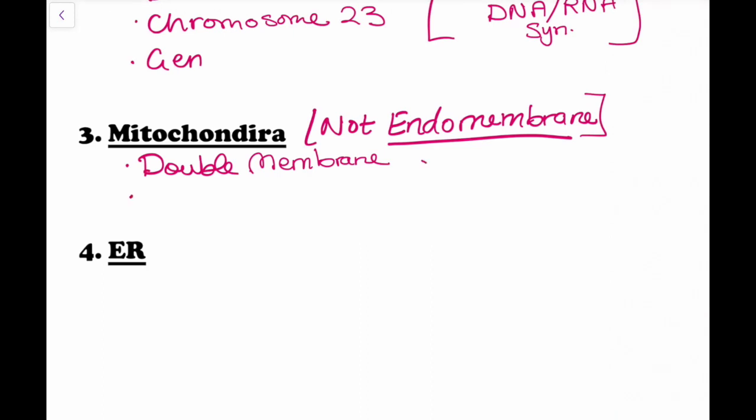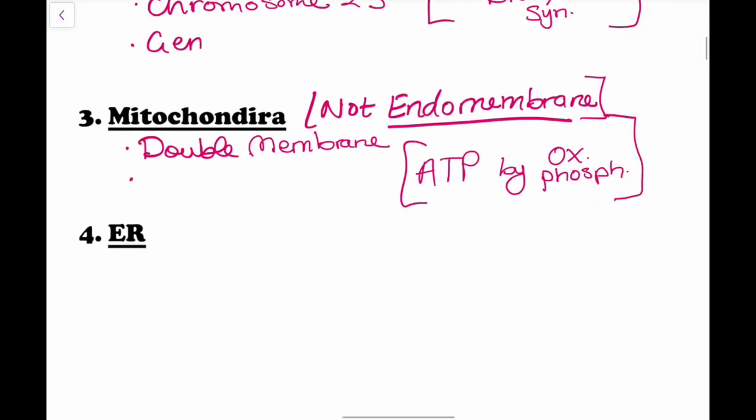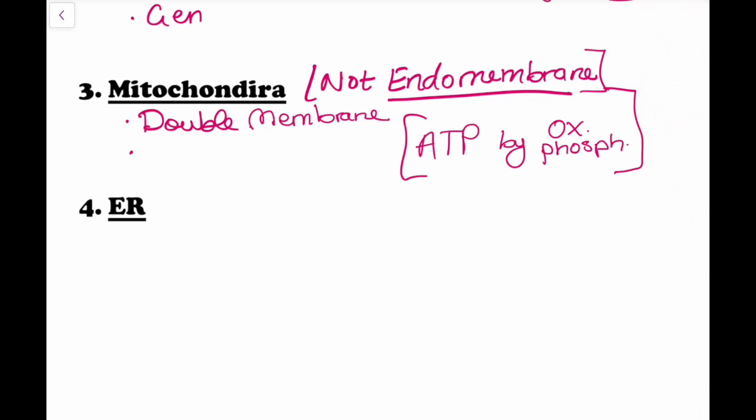And the major function of mitochondria is ATP production by oxidative phosphorylation. So mitochondria is bacteria-like, like I said. So it has a circular genome inside the mitochondria.